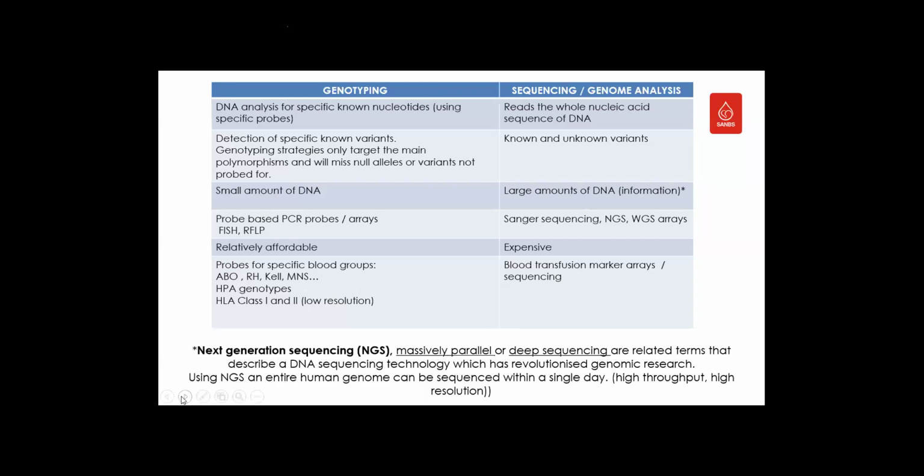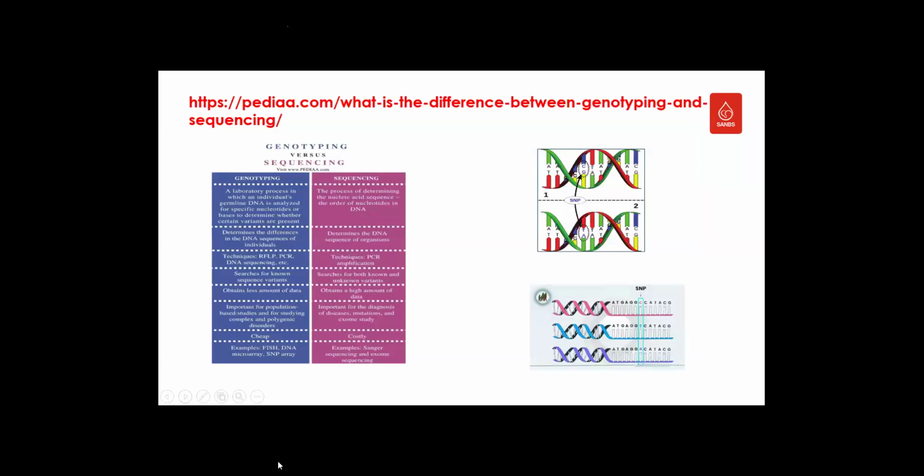Okay, next slide. I won't take you through the slide word by word, but it's a nice reference if you want to look up a little bit more about genotyping and sequencing. The pictures on the right show that with a probe, you could easily detect this SNP. Let's say the normal situation would be a cytosine guanine, and with the variant, the cytosine has been replaced with thymine.